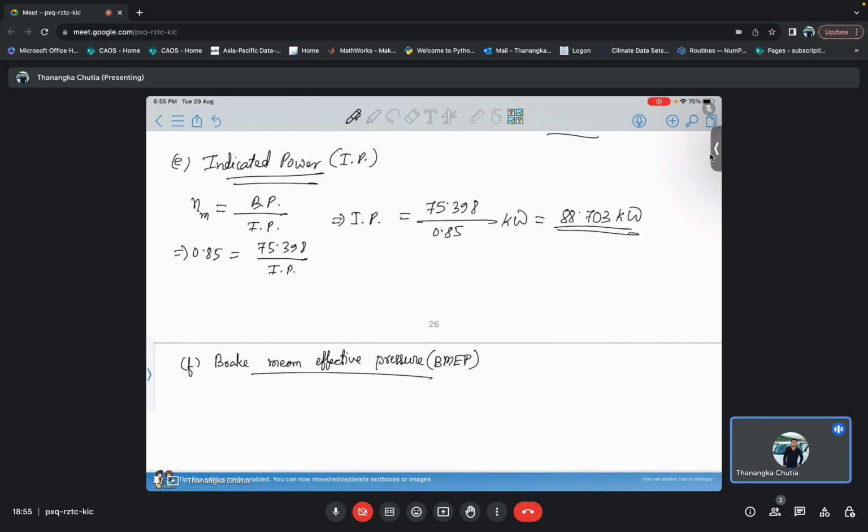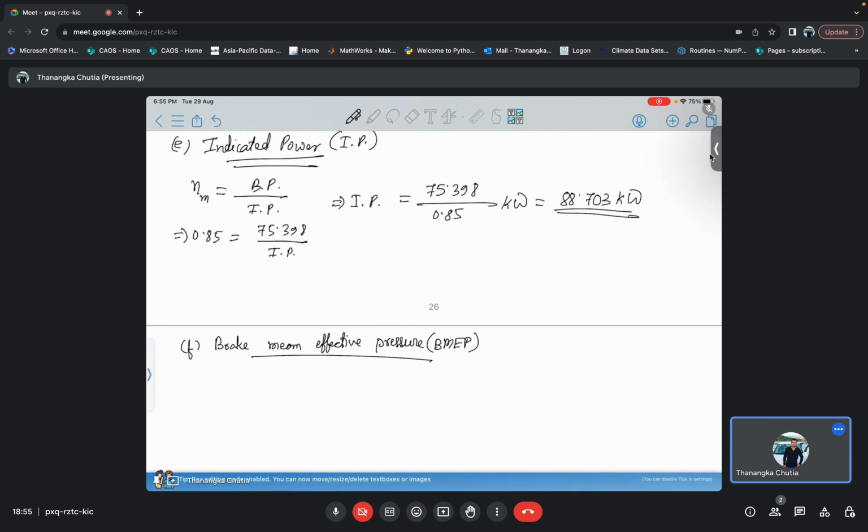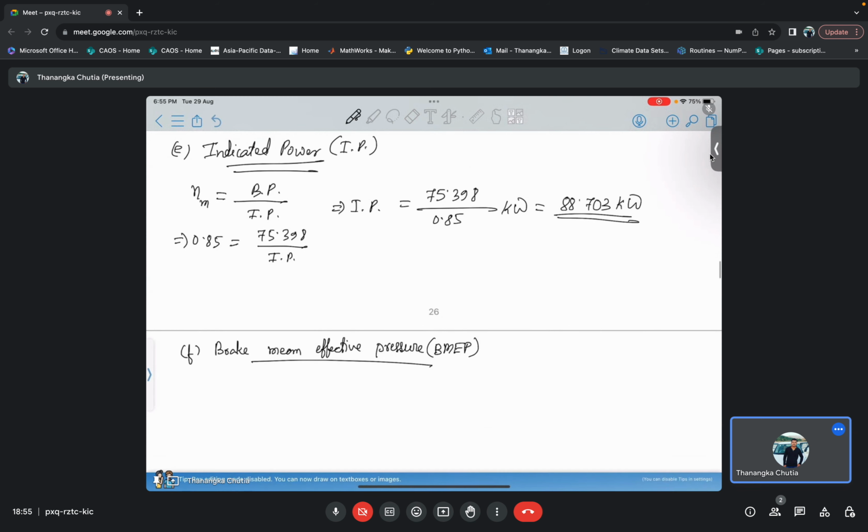Now suppose whatever work is done, it is done in terms of some constant volume, constant pressure. So that work done, if you can convert it into an equivalent work with some constant pressure, PdV work, that pressure P is nothing but your brake mean effective pressure.